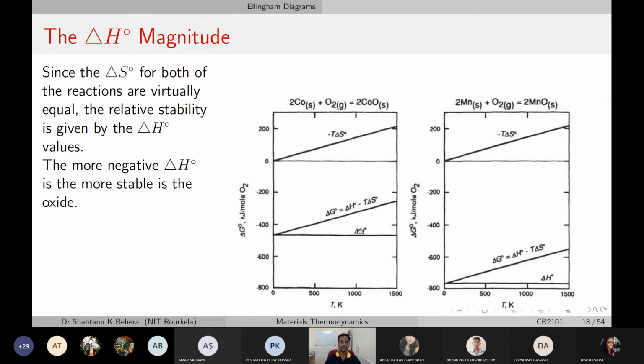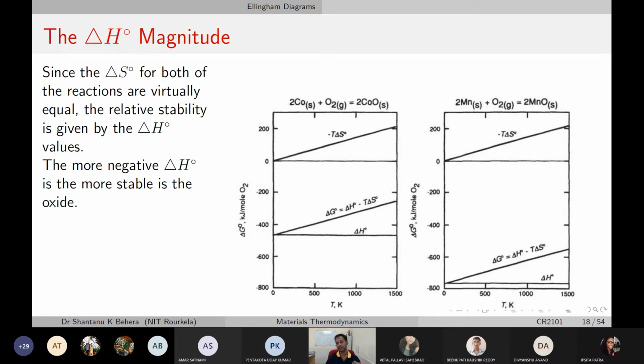All right. So here the point you want to take is that when you try to compare the oxidation of two metals, the more negative the value of the del H, that's where it's going to be a much more stable oxide.